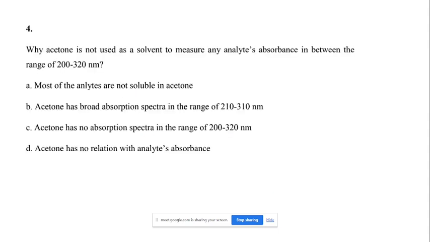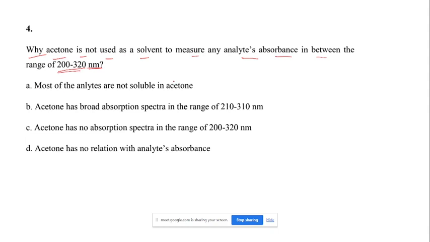Then question number 4. Why is acetone not used as a solvent to measure any analyte absorbance in the range 200 to 300 nanometer? We will read the options one by one.